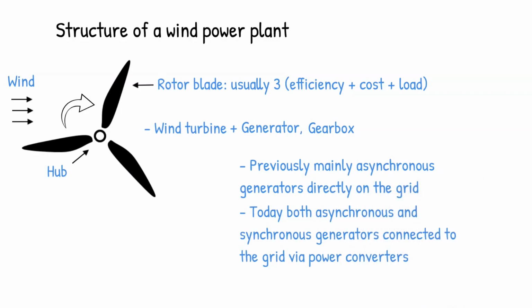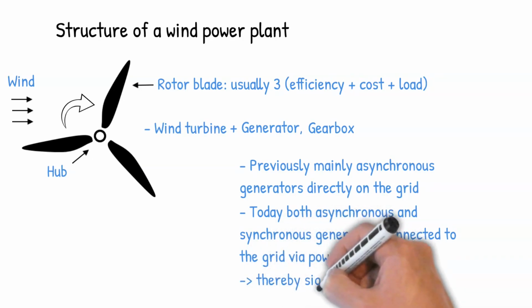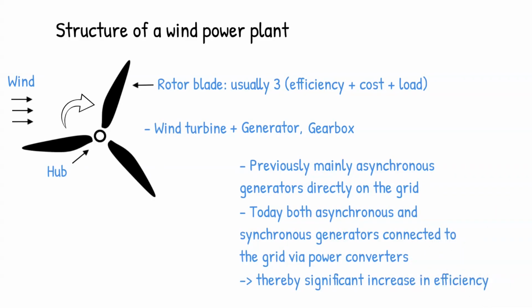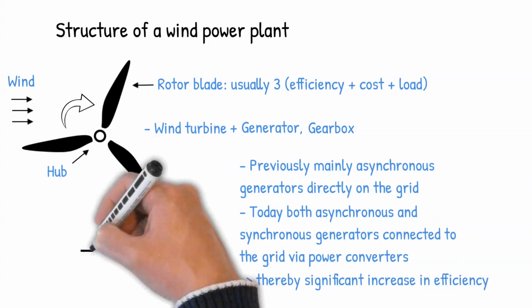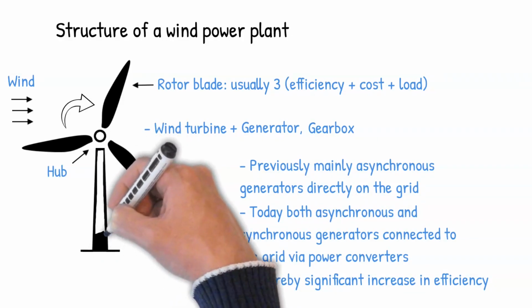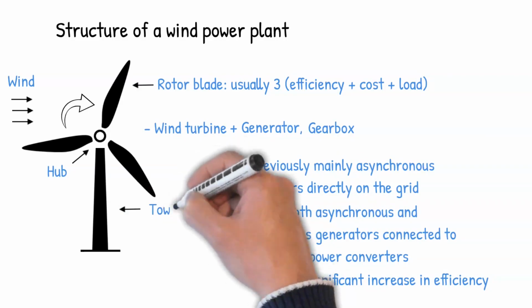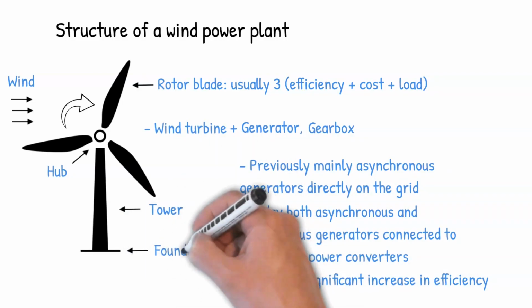For this purpose, a rectifier and an inverter are usually used, which makes it possible to adapt the speed range of the wind turbine to the wind speed and thus significantly increase the efficiency. This entire system sits on the top of a tower, which in turn is mounted on a stable foundation.